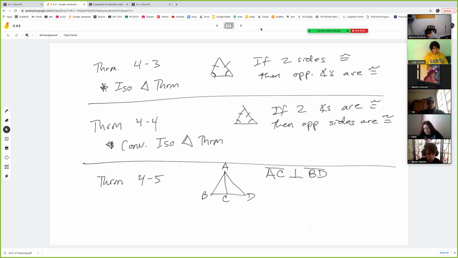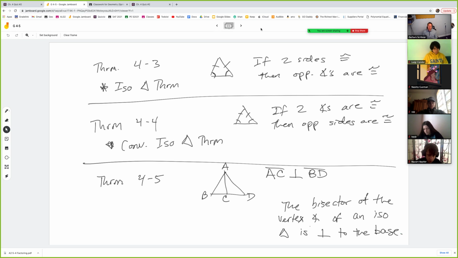It says that the bisector of the vertex angle, that is the isolated angle, is perpendicular to the base of that triangle.